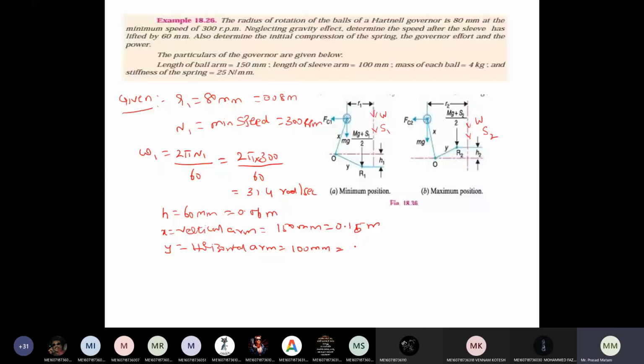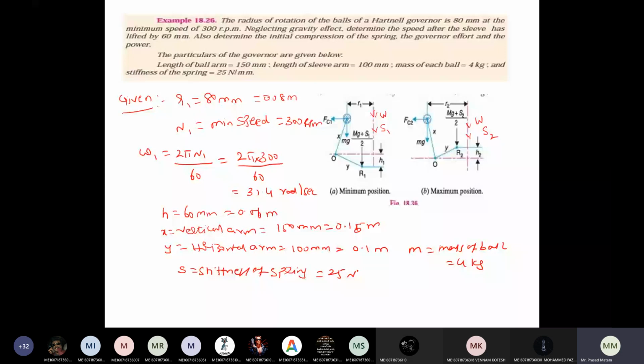One more piece of data: the mass of the ball, m, is equal to 4 kg, and the stiffness of the spring is given. Stiffness of the spring, S, is equal to 25 Newton per millimeter.